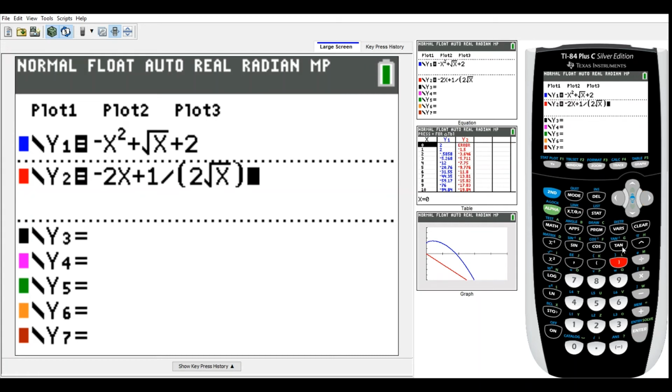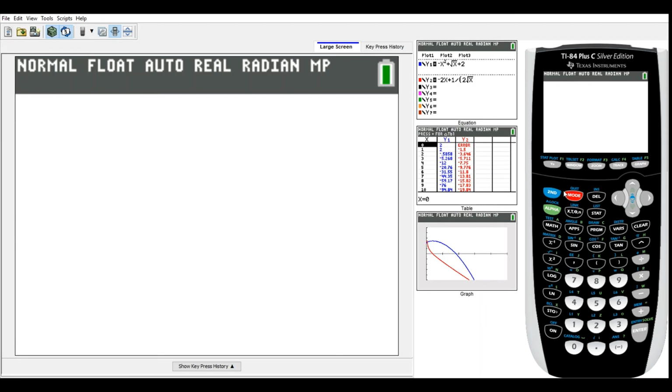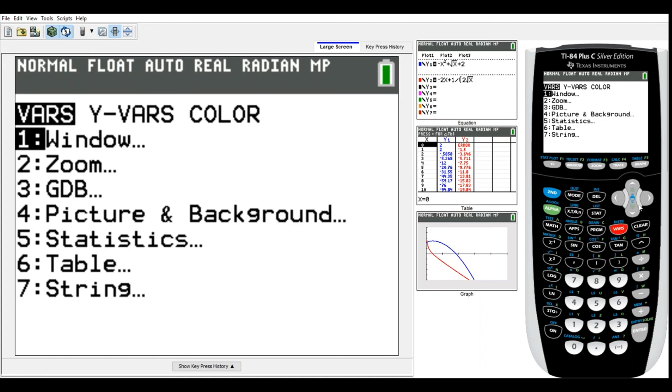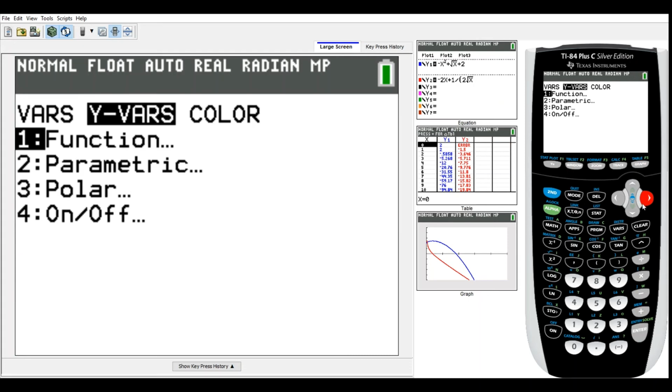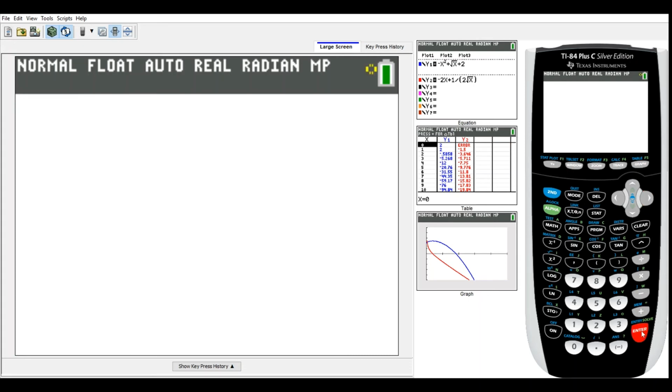There we go. Next thing we're going to do is go to the main screen. So I'm going to hit second quit. And next I'm going to type in 2 minus, because our x1 was the number 2. So 2 minus. And then I'm going to hit vars, go over to y-vars, and hit enter on function and enter on y1, because y1 here was f.